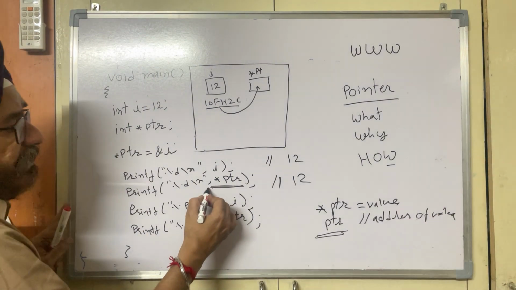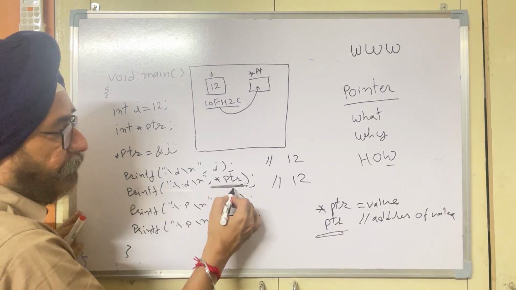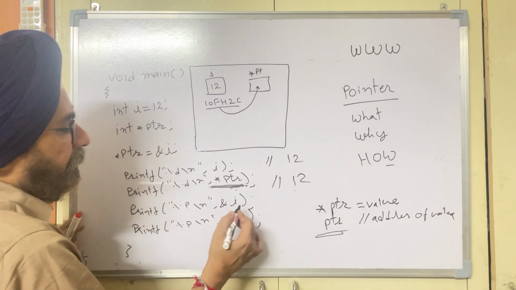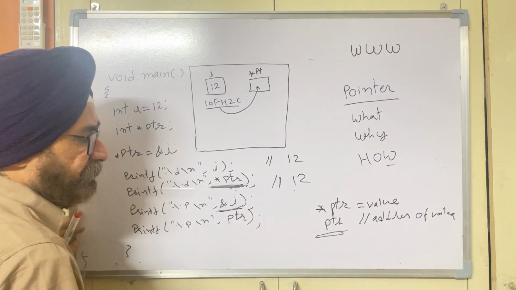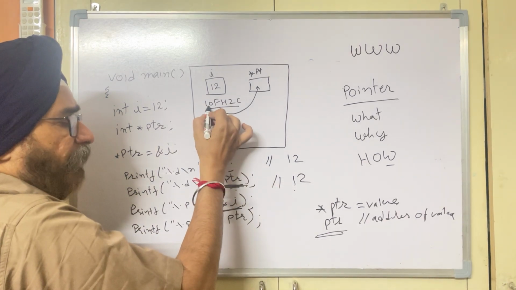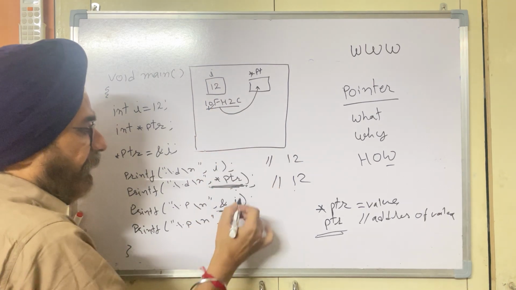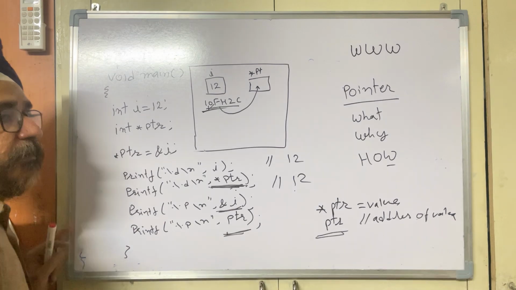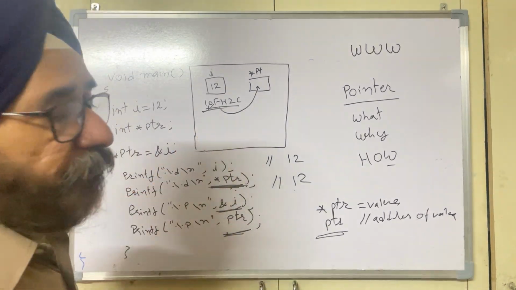So in such a way, remember, asterisk ptr gives the value 12. Here you print the address of I, it will give the address of the variable. And if we use simply ptr, it also gives the what? The address of the variable.